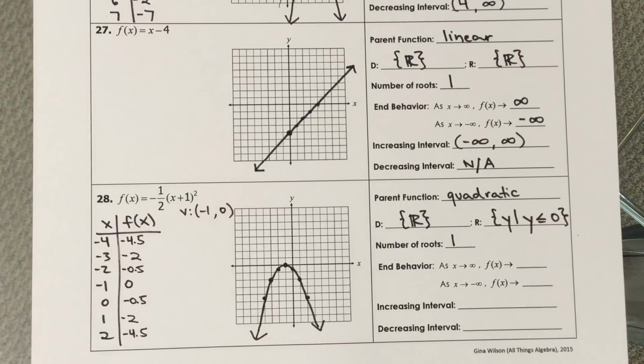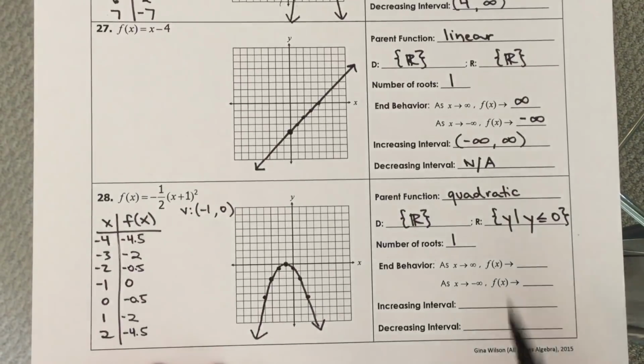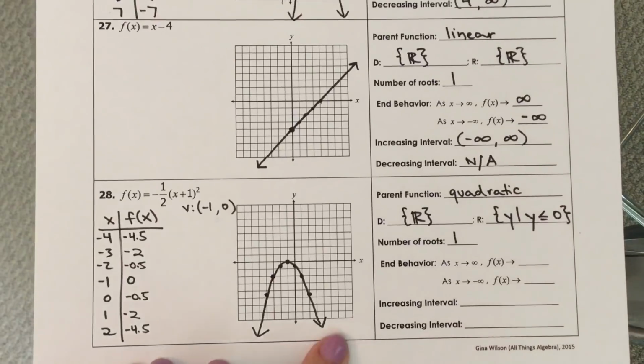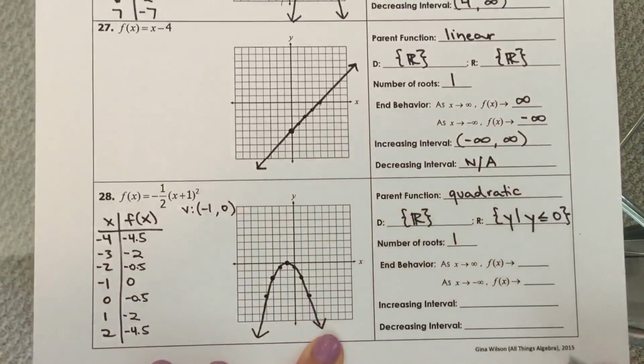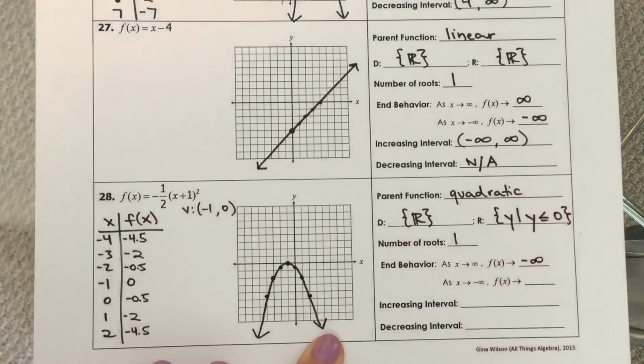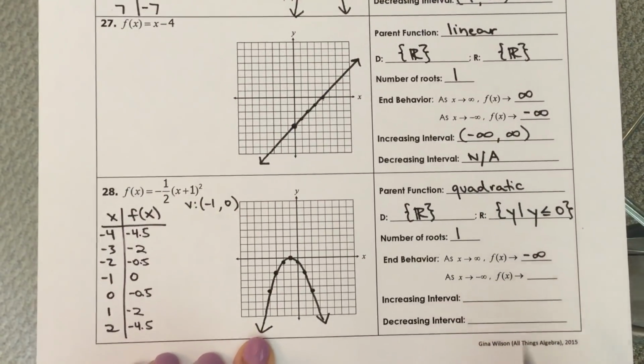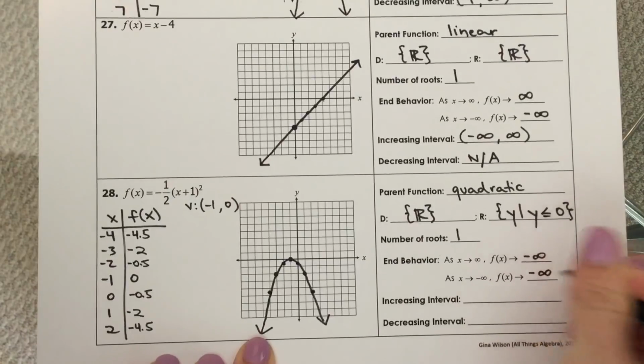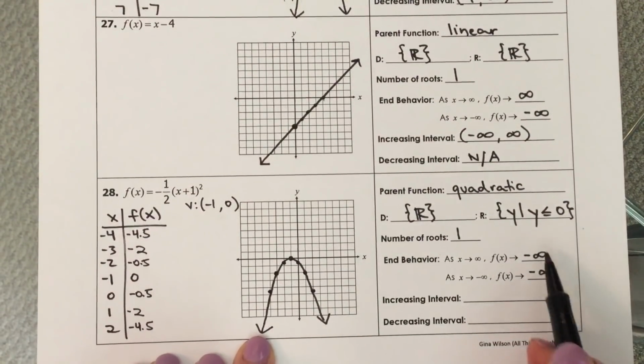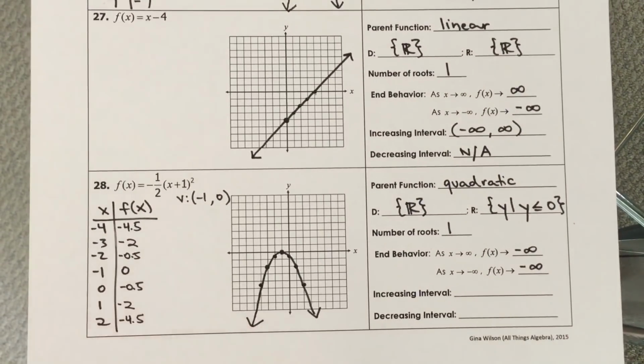And our end behavior is these end arrows that we look at. So as the graph goes to the right, that's this arrow, my function values go down, so -infinity. And as my graph goes to the left, that's this arrow, my function values go down again. Remember with 26, I mentioned quadratics, these two things should always match.